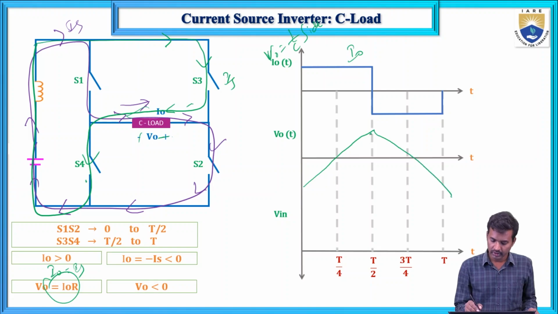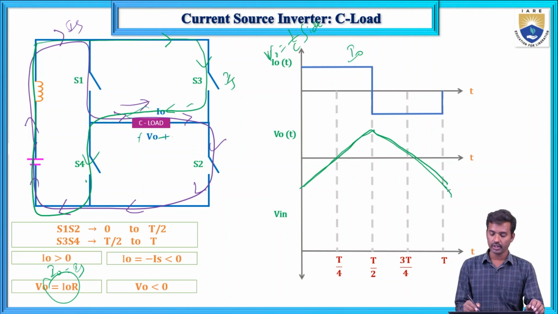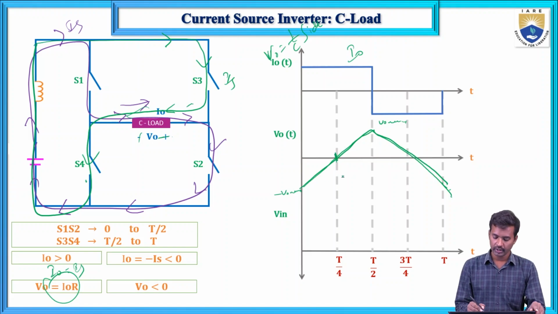This is the waveform for this one. Here this is V naught maximum and minus V naught maximum, and this is T by 4, T by 2, T by 4. If it is 360 degrees, this is pi, 2 pi, pi by 2.